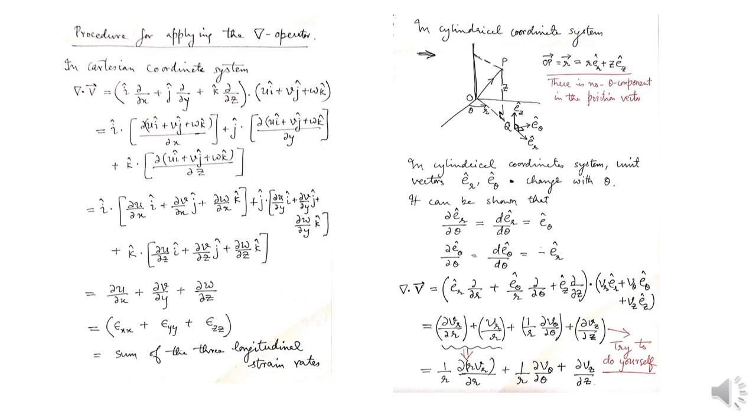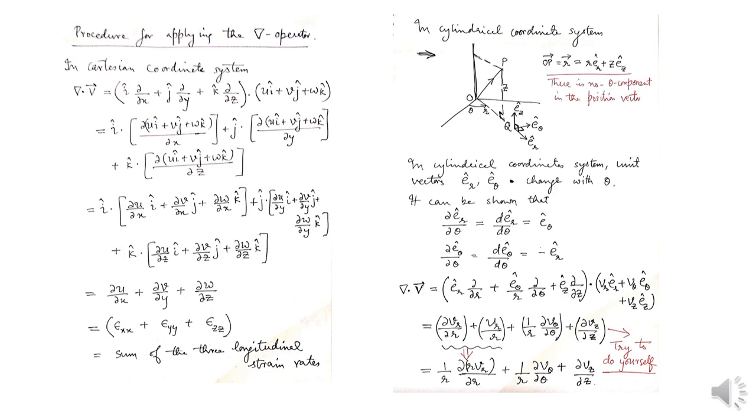Once you have got the derivatives as was shown for the Cartesian case, the last step is to apply the dot products of the unit vectors. In this case also the unit vectors are orthogonal, so e_r dot e_r will be 1, and e_r dot e_theta and e_r dot e_z will all be 0. You have to use that.